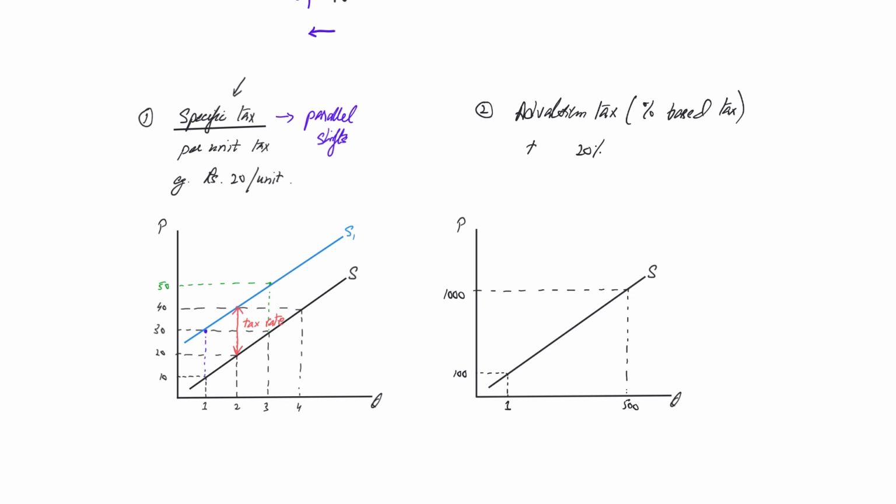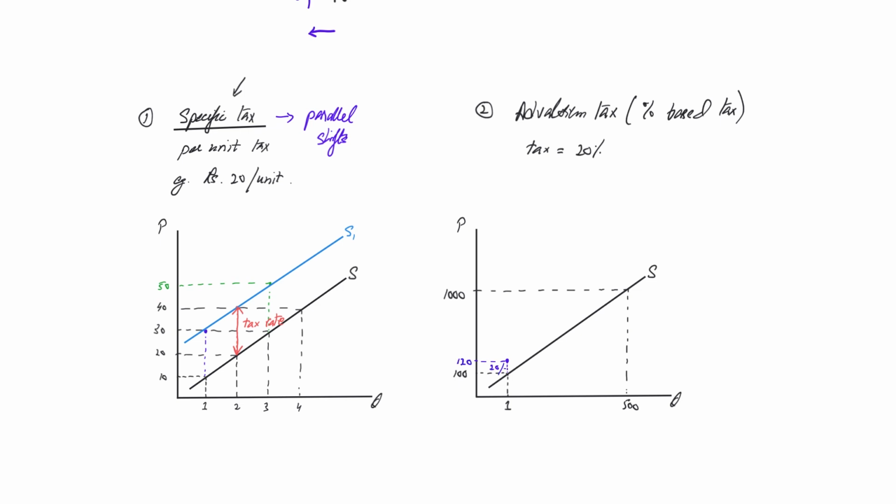Since the tax is 20% on the price, the first unit which I was willing and able to sell for 100, since I have to pay 20% tax on it, 20% of 100 is 20 rupees. So I'm going to shift my supply curve upwards by the 20 rupees.